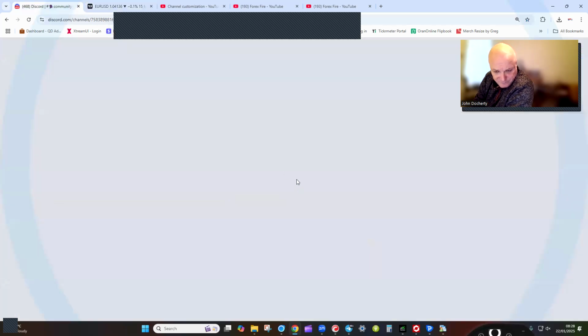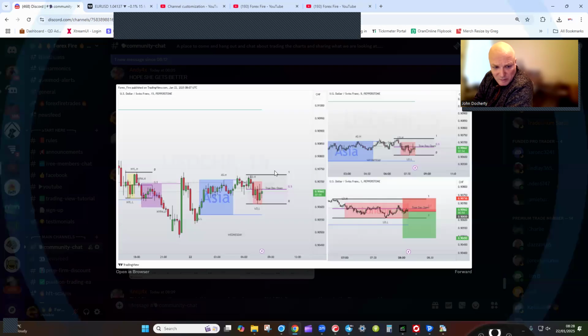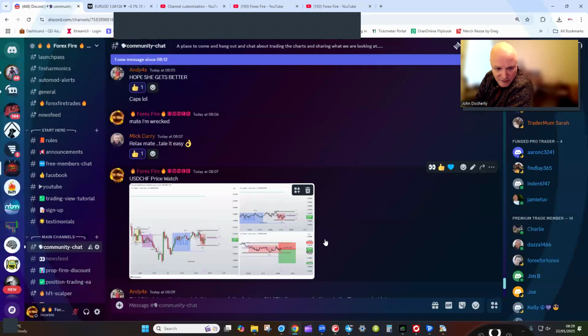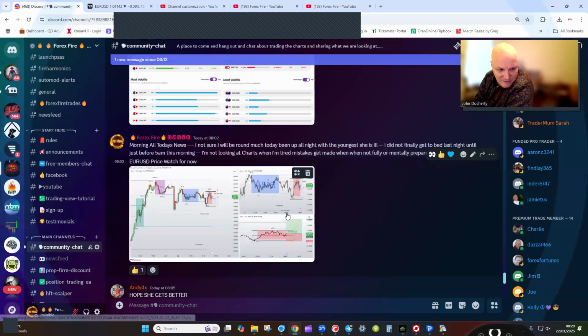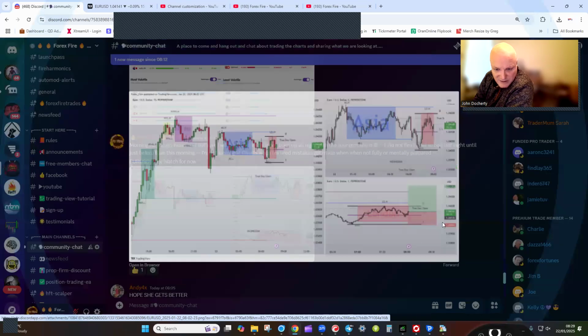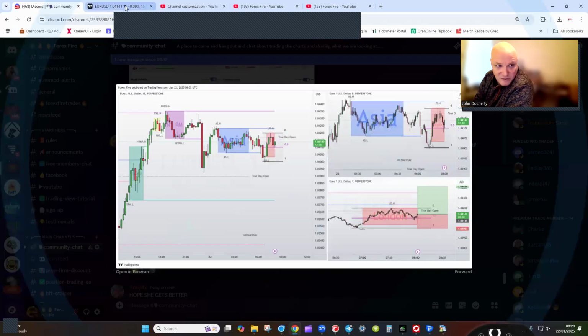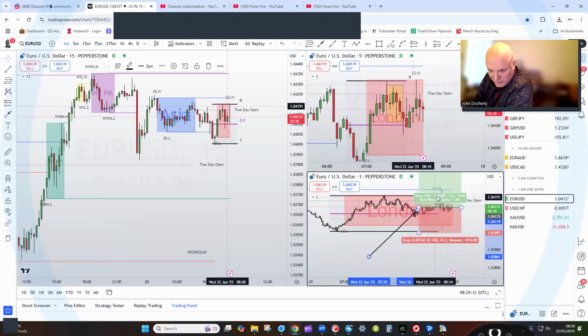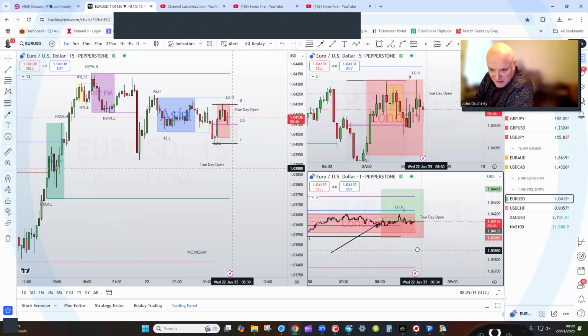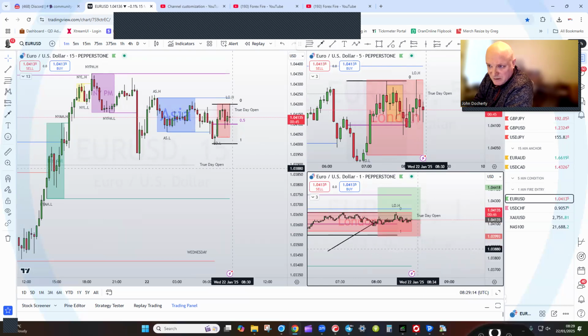I did do this setup inside of the Discord. There's the Euro USD. So we've got 2 entries. You can clearly see there's been a little bit of drawdown. It went into profit and came back. So we've got a setup there as well.